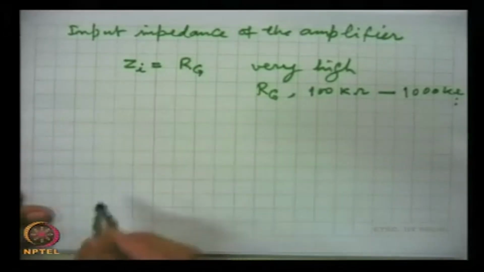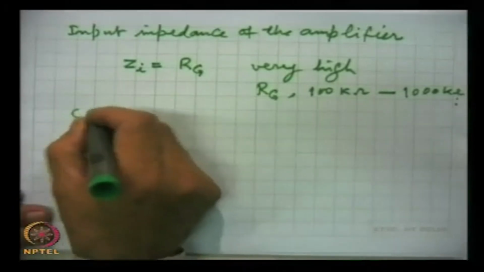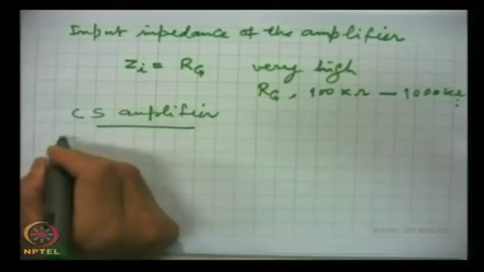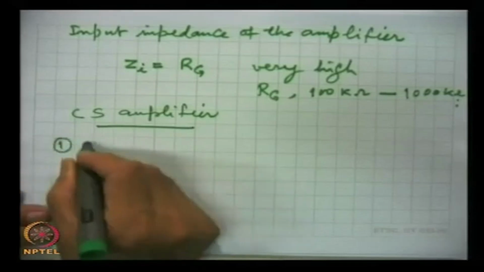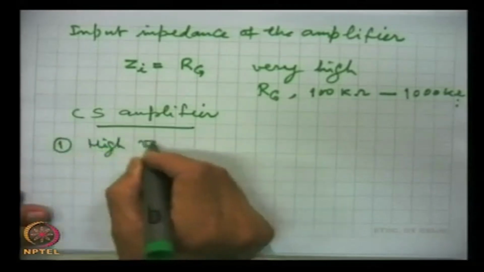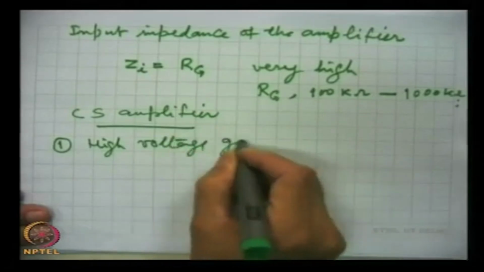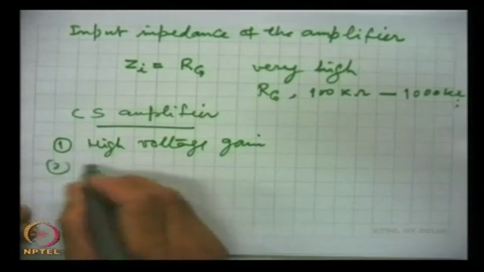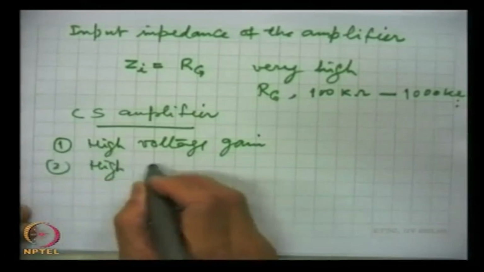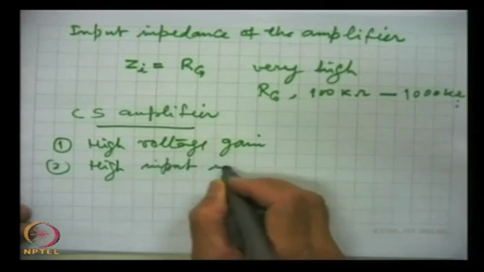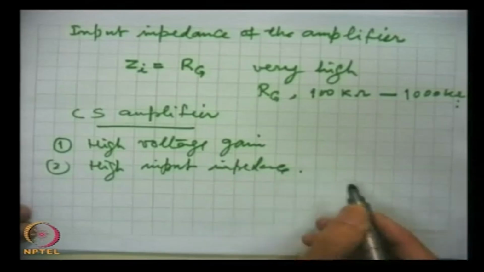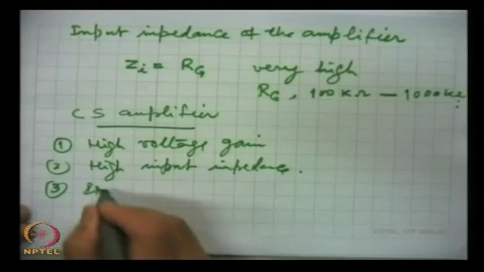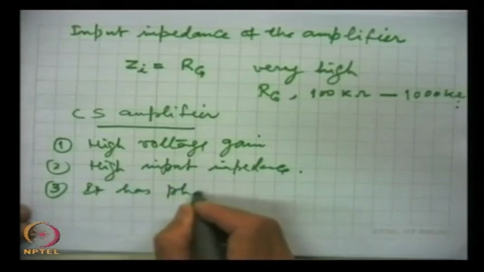So, we can summarize that the CS amplifier has high voltage gain and very high input impedance, and it has a phase reversal, phase inversion.